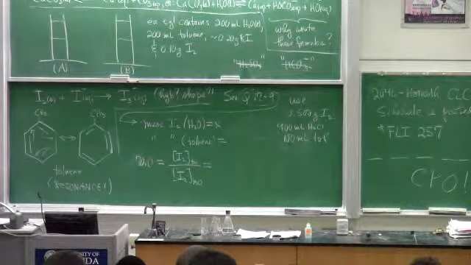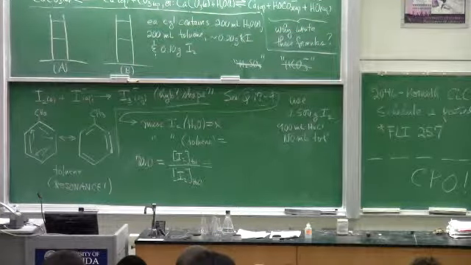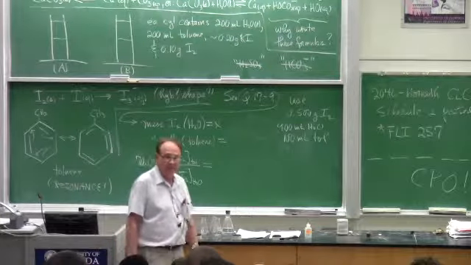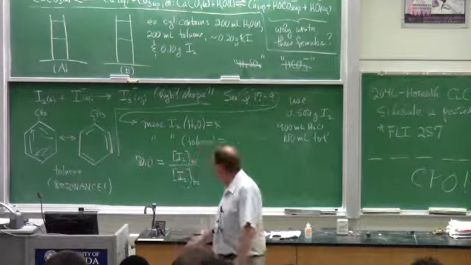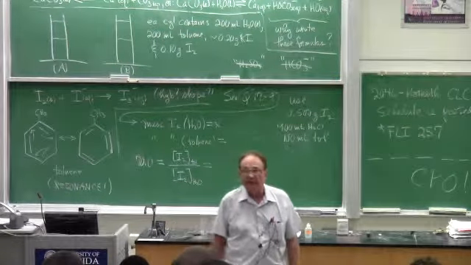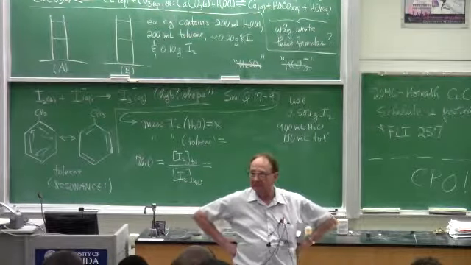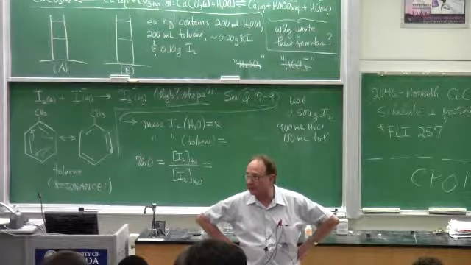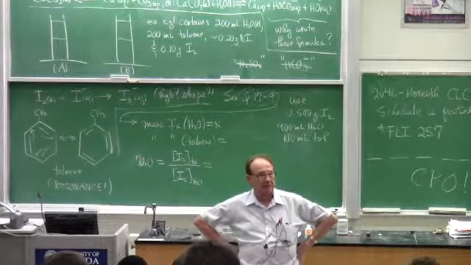I will tell you that I once saw a chemistry lecturer tackle this very same problem and represent the mass of I2 in the toluene layer as Y. X for the mass of I2 in the water layer, Y the mass of I2 in the toluene layer.